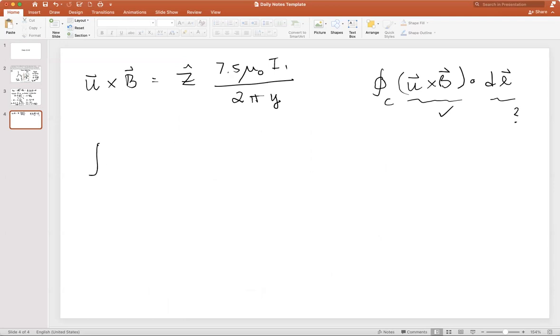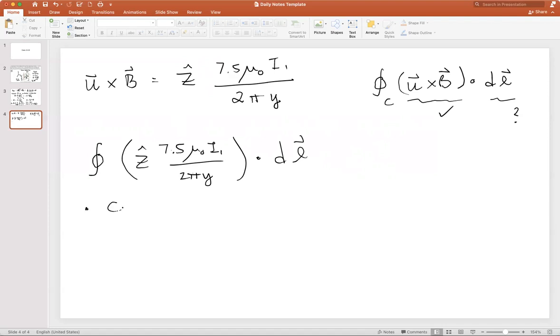By writing this out and substituting, we have the expression for the velocity crossed with the magnetic field, but we now need to determine what our dL is going to be.